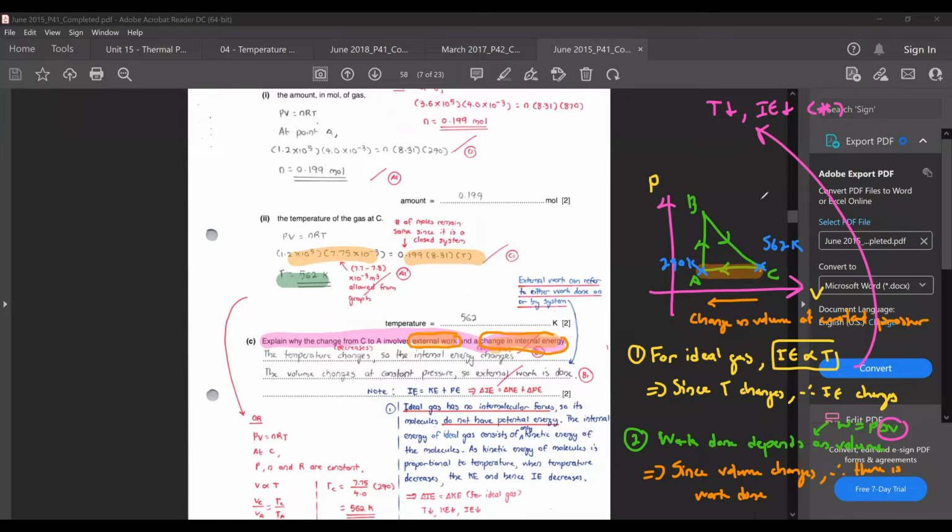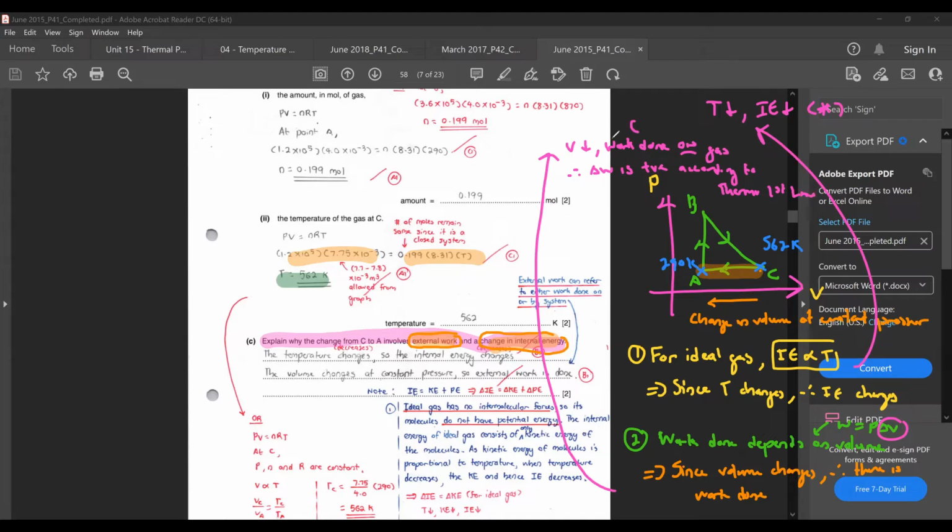But if you want to be more particular, more detailed in this, you could also say something like this: because your volume is decreasing, work is done on the gas. So the only thing you can probably say here is that delta W is positive, according to the thermodynamic first law.